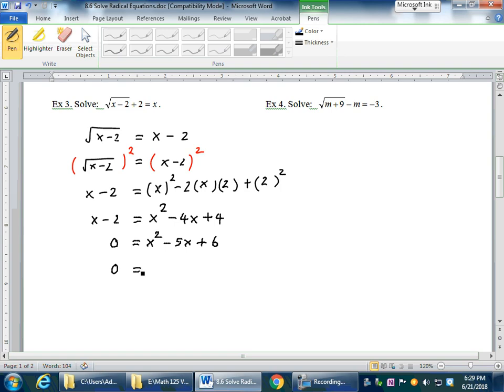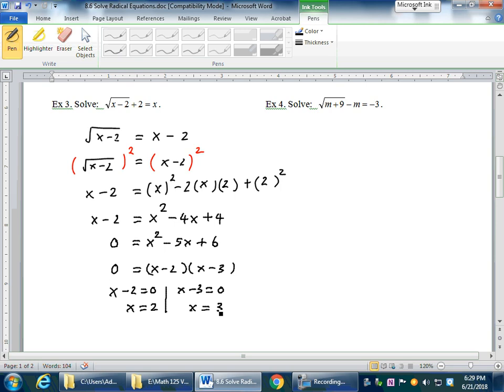Once we get that, we're going to factor completely and use the zero factor property, which is x minus 2 and then x minus 3. The zero factor property says that x minus 2 can be equal to 0, x minus 3 can be equal to 0. So therefore, I got x is equal to 2 or x is equal to 3.